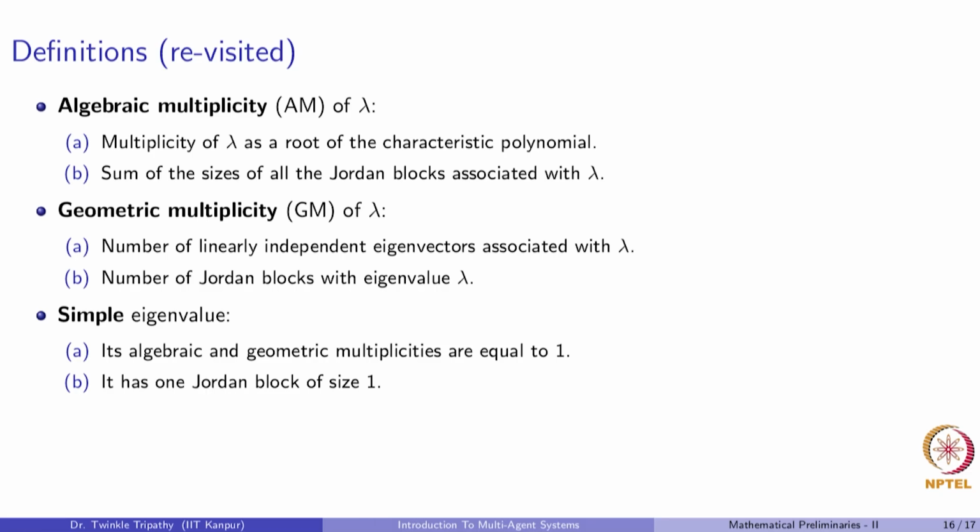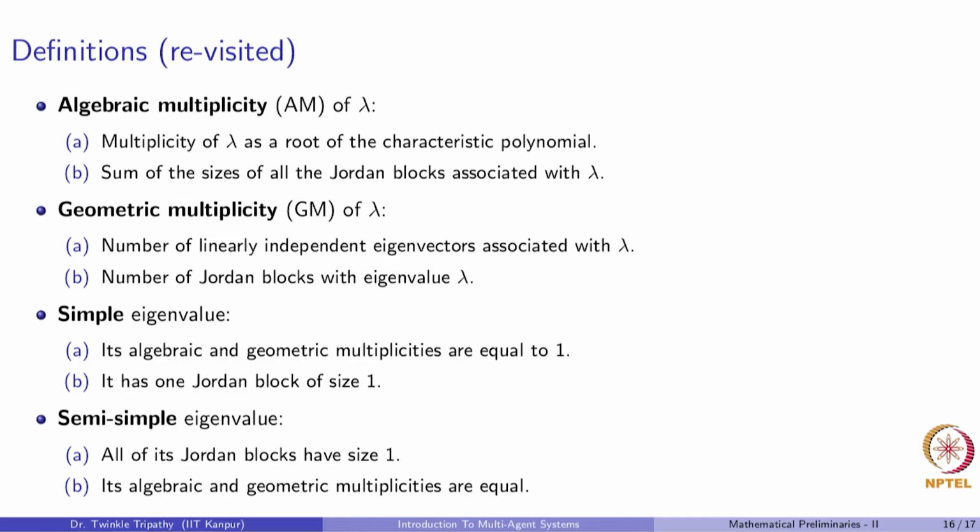Again, what is a simple eigenvalue? A simple eigenvalue is simply when the algebraic and geometric multiplicities are equal to 1. In other words, the Jordan block here will always have a size 1. What is a semi-simple eigenvalue? Now, all of its Jordan blocks have to have a size 1 and the eigenvalue should be a repeated eigenvalue. Again, an example is this case. So, if you see here, this is one Jordan block and this is another Jordan block.